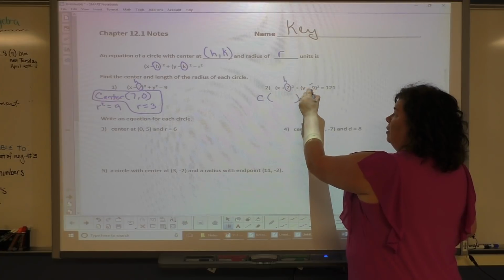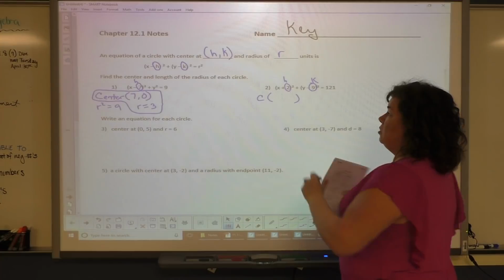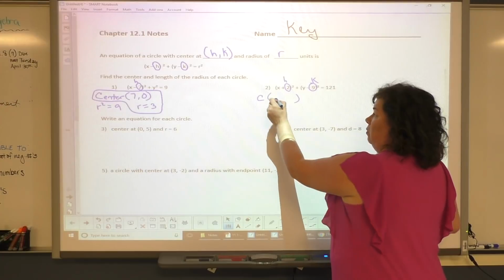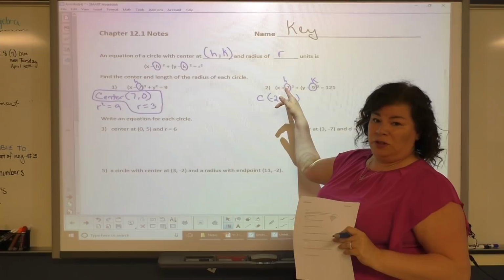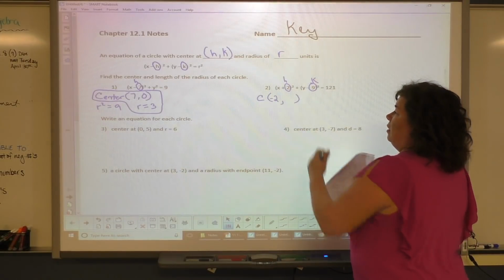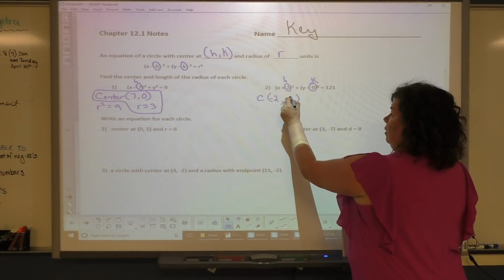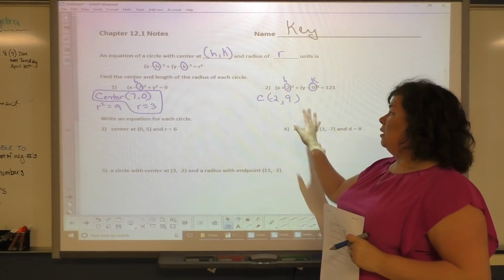When we do that, we're going to take the opposite sign though. So our center, even though it says plus 2, is actually negative 2. Because the opposite of positive 2 is negative 2. And then comma, the opposite of negative 9 is positive 9. So our center is actually at negative 2, 9.